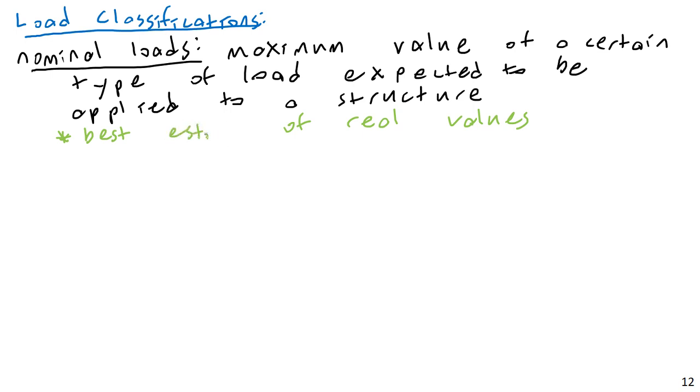So in other words, if you estimate, say from a study of weather, that the strongest hurricane wind that will ever be applied to a building is X number of miles per hour from a certain direction, and you take that wind speed and calculate a force from it without applying any kind of factor of safety, any kind of extra above and beyond, that would be a nominal load.